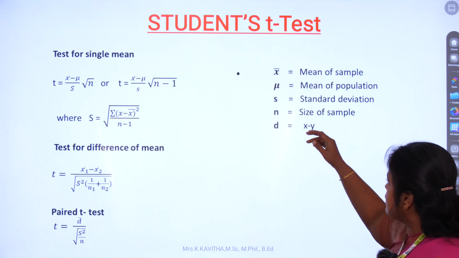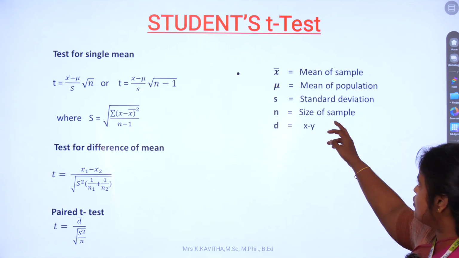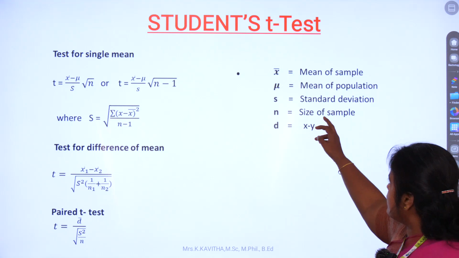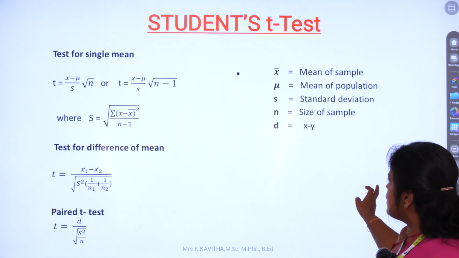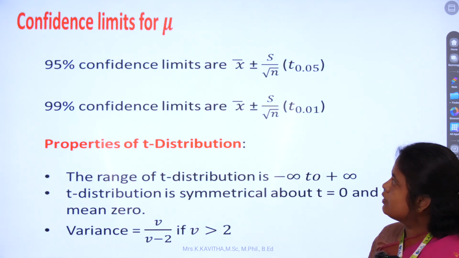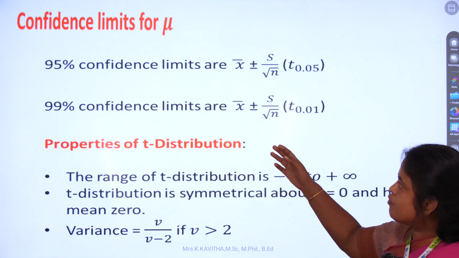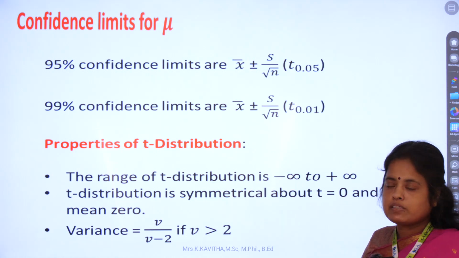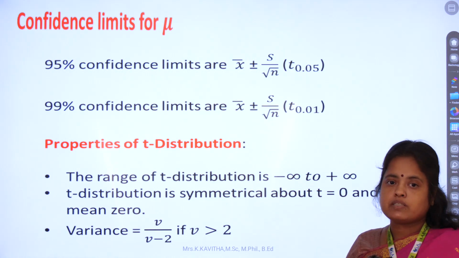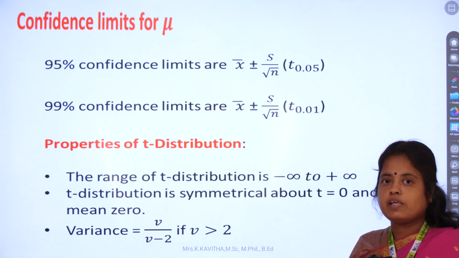Here x bar is the sample mean, mu is the population mean, S is the standard deviation, and n is the sample size. Then the 95% confidence limit and the 99% confidence limit are both x bar plus or minus S by root n times t alpha.